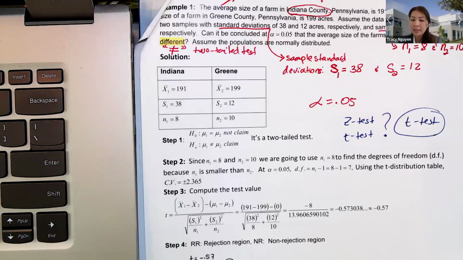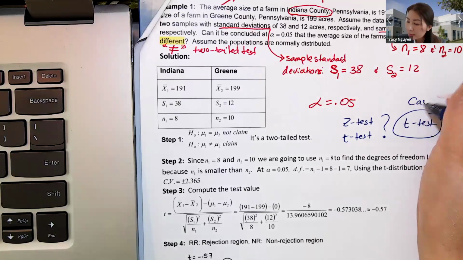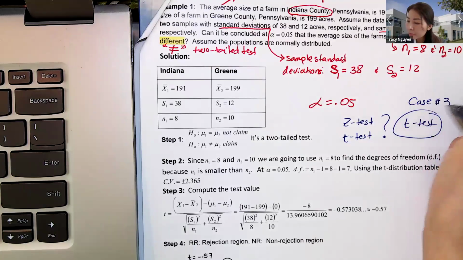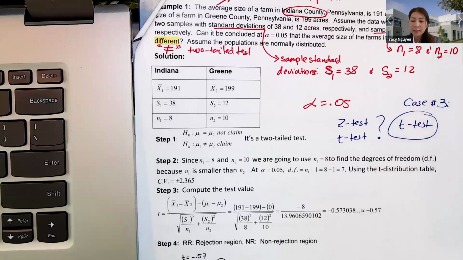That's the reason why. It satisfies the requirement for case 3. I don't need to write down case 3 because we have it at the beginning of our lesson: sigma 1 and sigma 2 are unknown, S1 and S2 are known, and N1 is less than 30 and N2 is less than 30. That's the requirement for t-test.